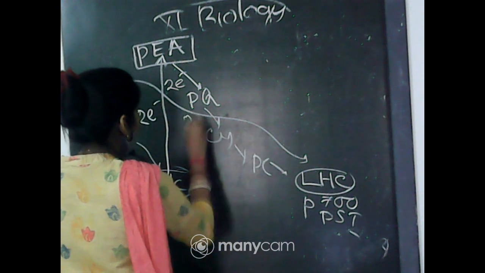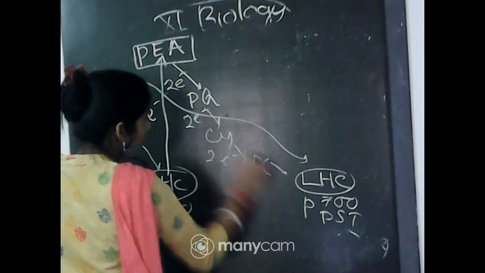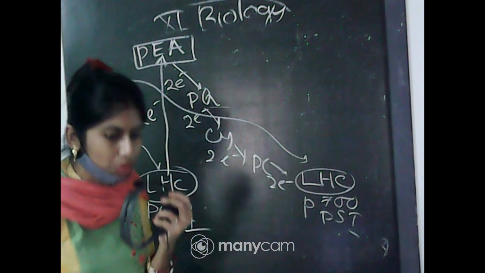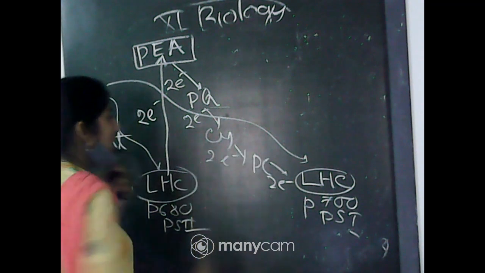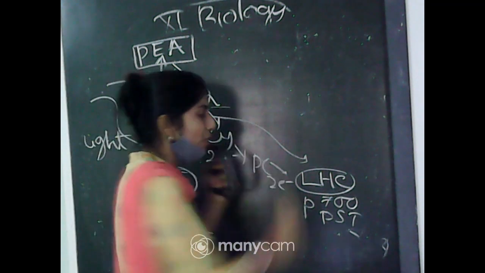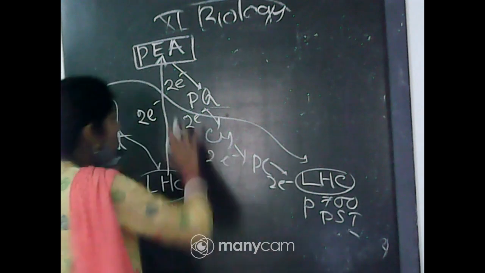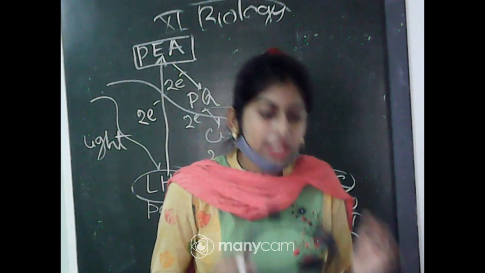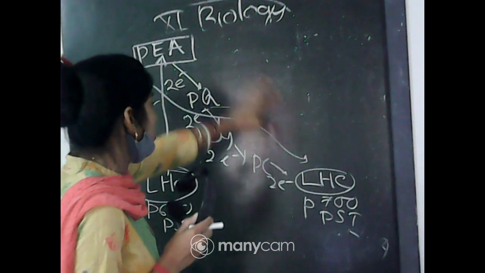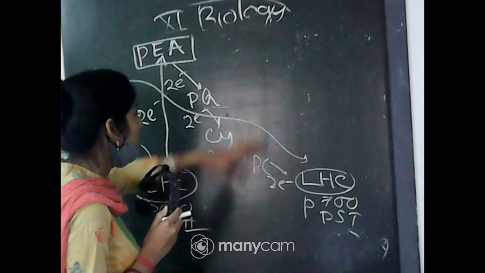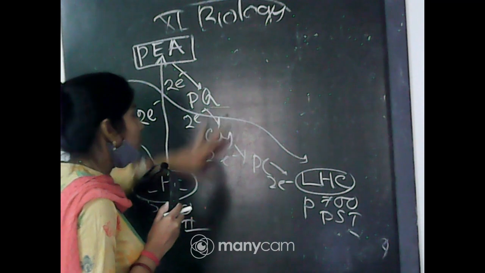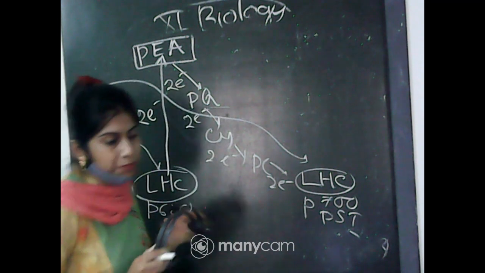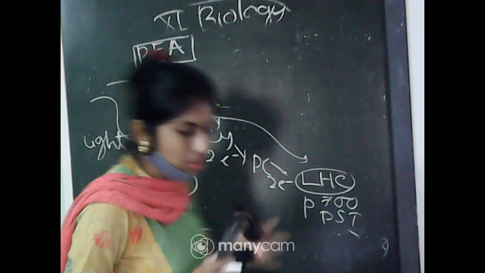Electrons are transported like that. The full form of PQ is plastoquinone, CY is cytochrome complex, and PC is plastocyanin. In short we can call it the electron transport system. In your book only electron transport system is written, the details are not provided. So this is the main thing.